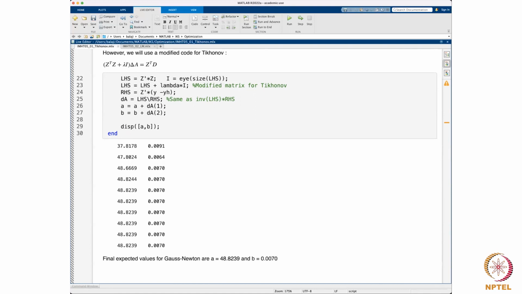Okay, so these are the ideal values that you get, and we got here, if you notice, 1, 2, 3, 4, 5, about in 5 iterations. Okay, so about 5 iterations.